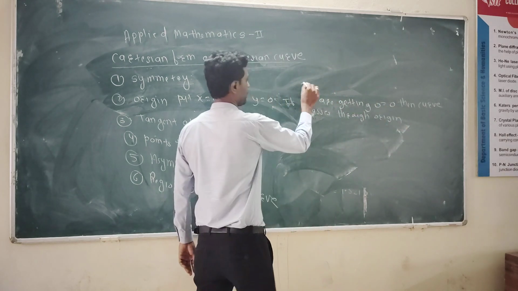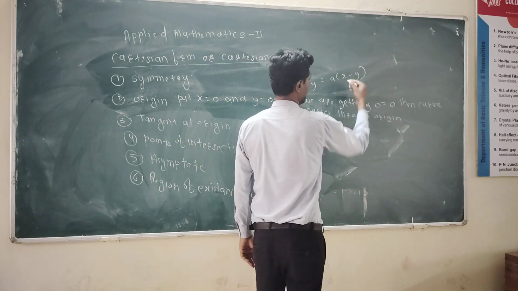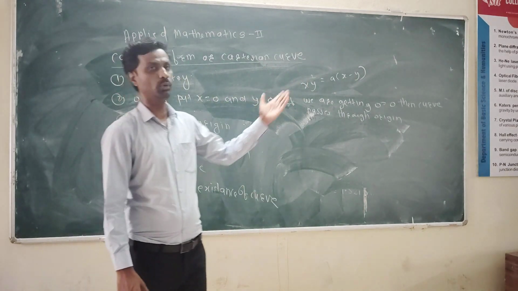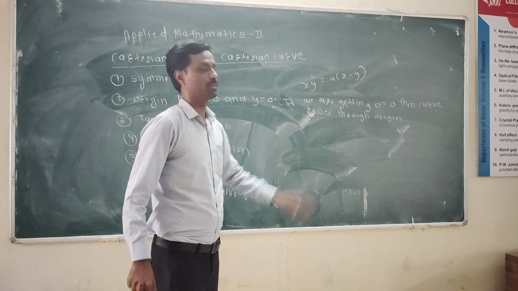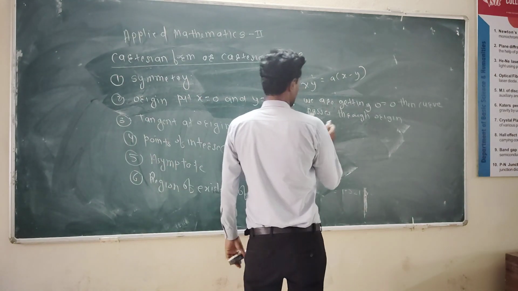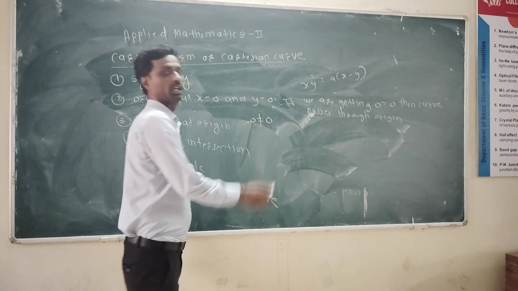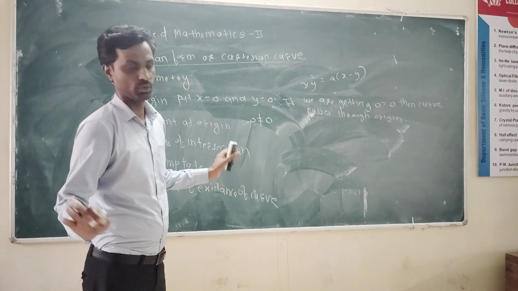You can take the example like this: xy square is equal to a x minus 1. So put x is equal to 0, y is equal to 0, then you are getting here 0 is equal to 0. In that case, the curve passes through the origin. If 0 is not equal to 0, it means what? 0 is equal to non-zero, then the curve does not pass through the origin.